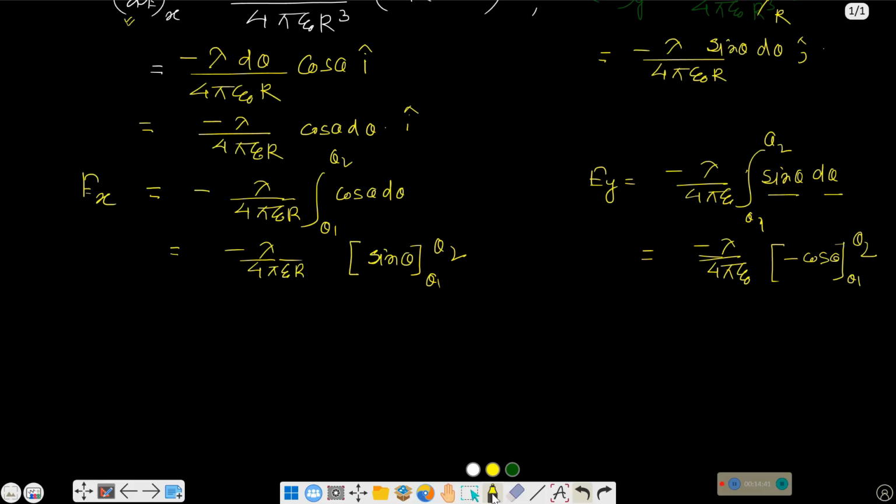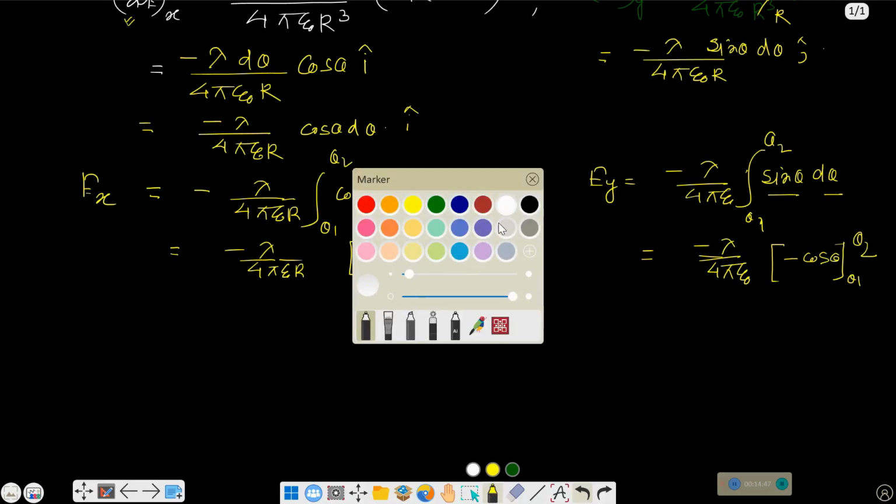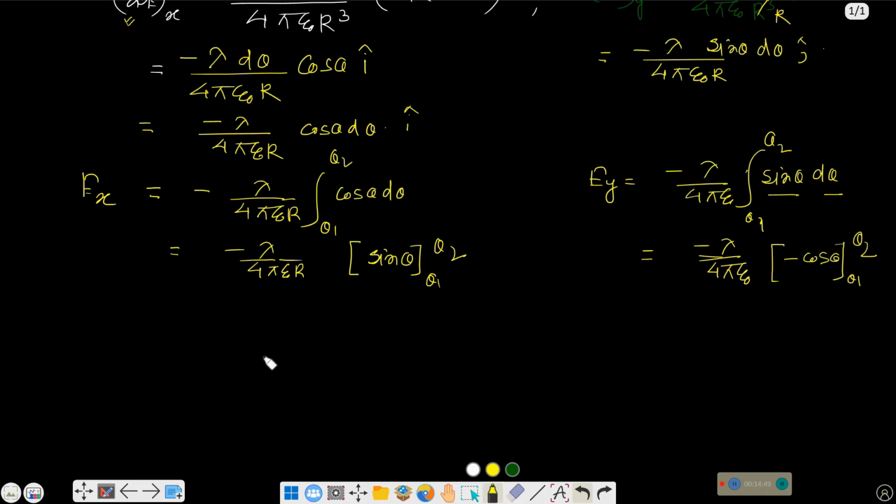So let me do it for a system. First, if we do it for a quarter of a circular arc, if my wire is of this shape and we need the electric field here, it is ranging from 0 to pi by 2, that is 90 degrees.